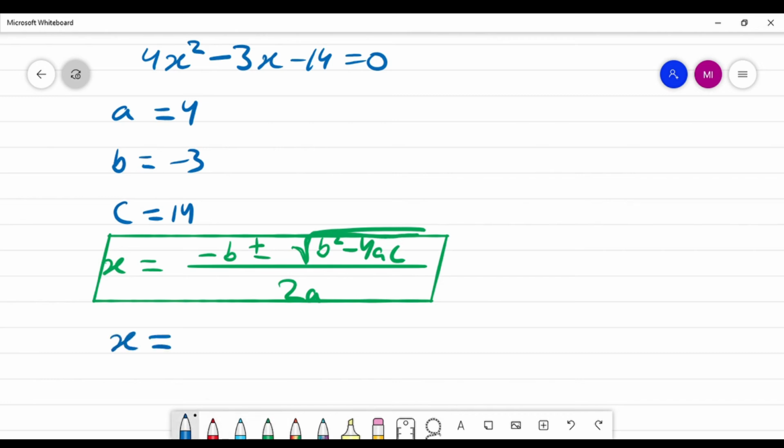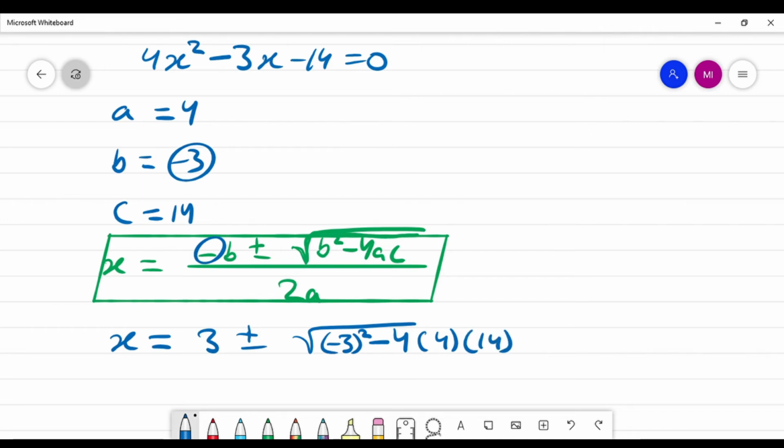So x is equal to, now here we have -3, and since there's a negative sign right here, whatever the value of b is, it's going to have an opposite sign. If it's positive, it's going to be negative, and if it's negative, it's going to be positive. It's going to be 3 plus minus under root of -3 squared minus 4 into a is 4 and c is 14, divided by 2 into 4, or 2 into a.